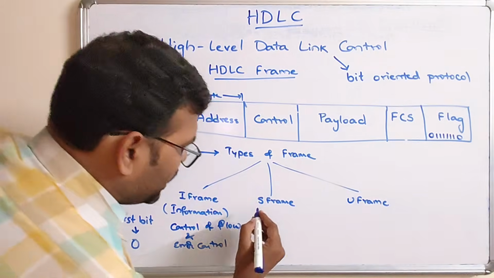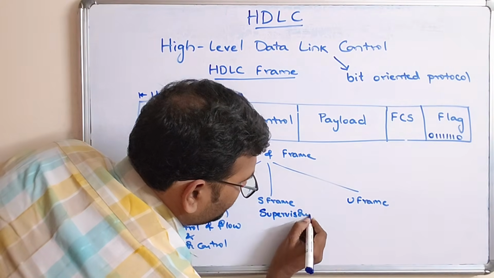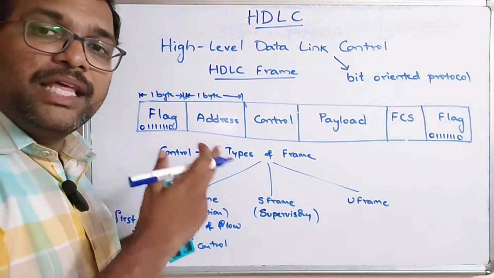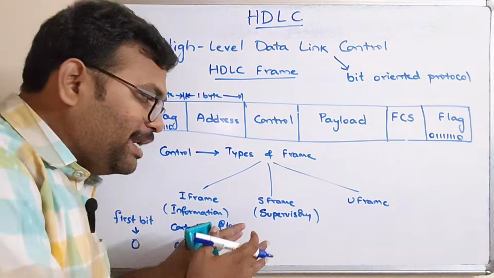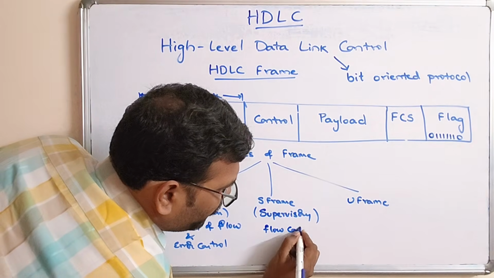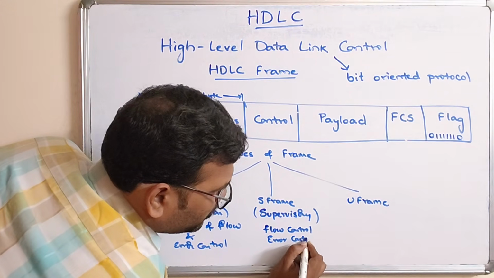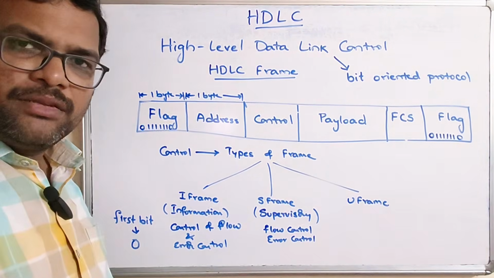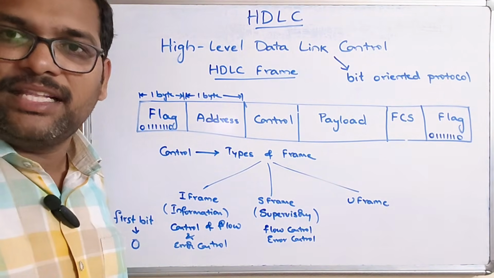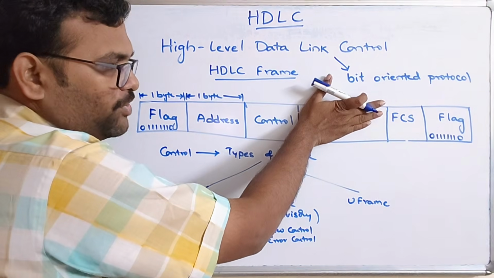Coming to the next one, that is the S frame, which is the supervisory frame. The name itself indicates it supervises the information frames, so it mainly concentrates on flow control and error control. Mostly it doesn't send actual information, so there will be an absence of the payload here.